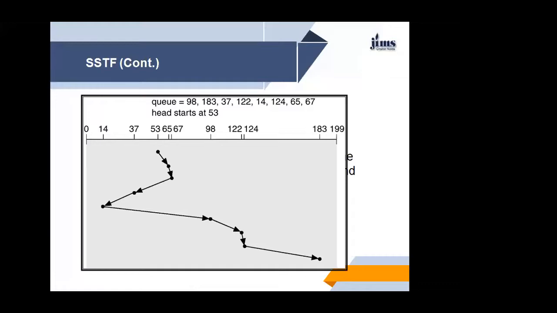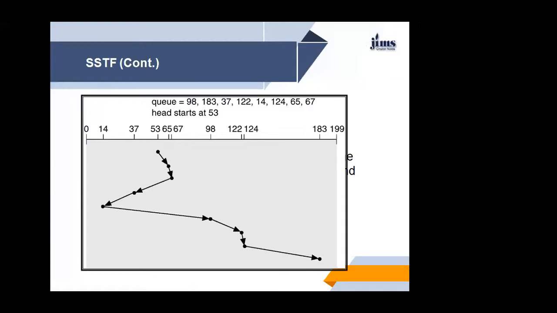From 53 to 65, only 12 distance to move. So it will not go to 98 as in first come first serve scheduling. It will go from 53 to 65, from 65 to 67. From 67 it goes to 37.